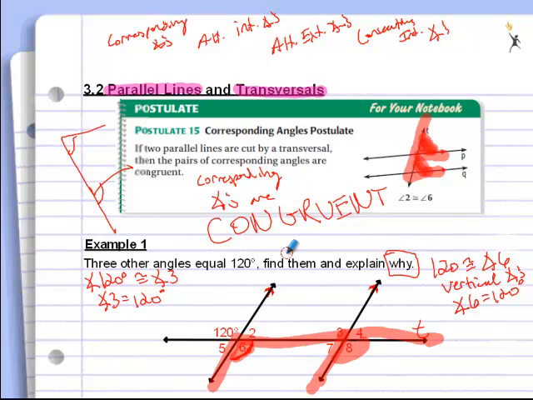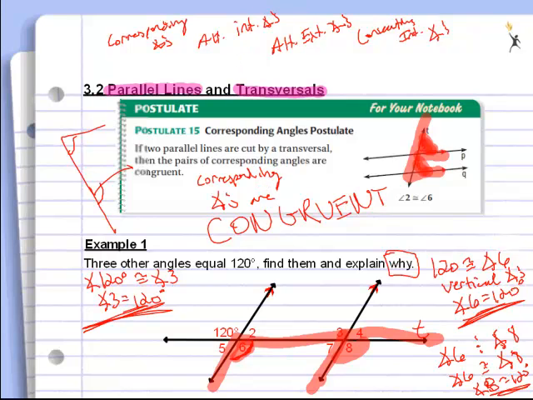Well, I just learned that corresponding angles given two parallel lines cut by a transversal are congruent. Angle 6 and angle 8 are corresponding angles, which means if I apply this postulate right up here, that angle 6 is congruent to angle 8, which if angle 6 is 120, then angle 8 has to be 120 degrees also. There are my 3 angles, 3, 6, and 8.